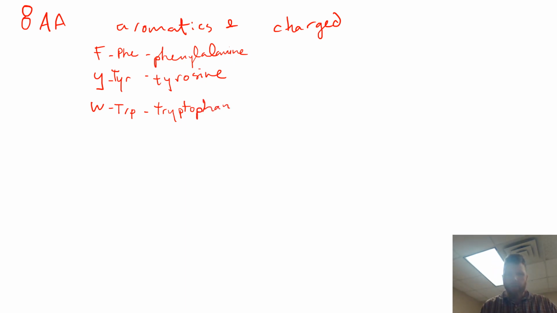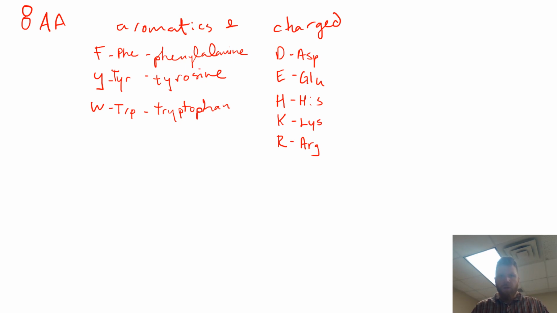Your charged residues, on the other hand, can adopt either a negative or a positive charge. They are, in alphabetical order, D, E, H, K, R. Aspartic acid, ASP. Glutamic acid, GLU. Histidine, HIS. Lysine, LYS for K, and ARG for arginine.